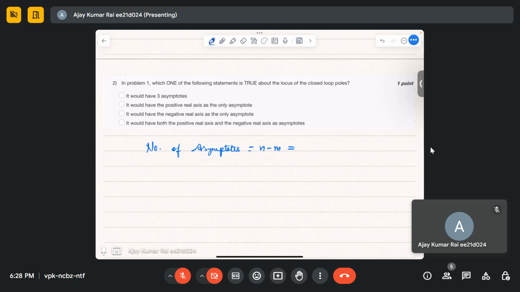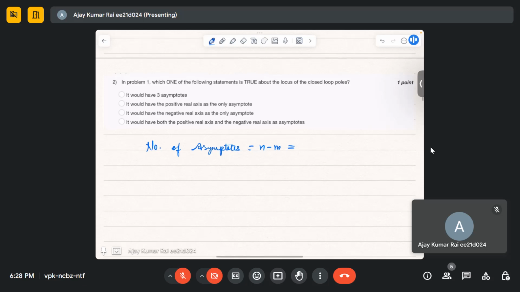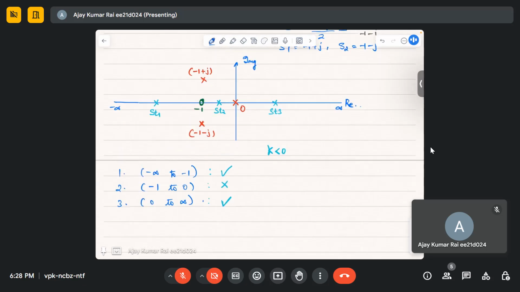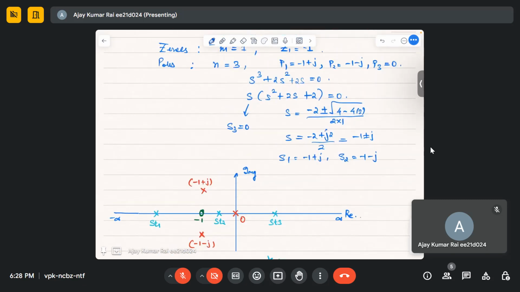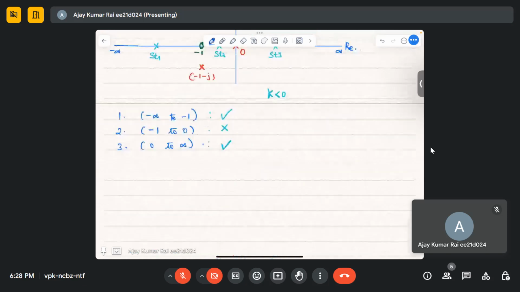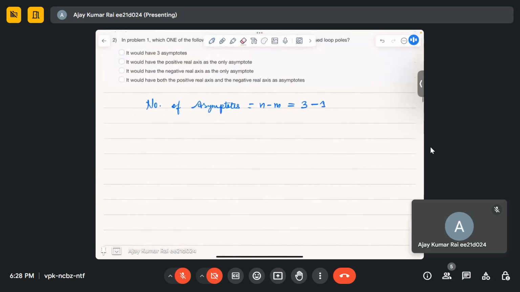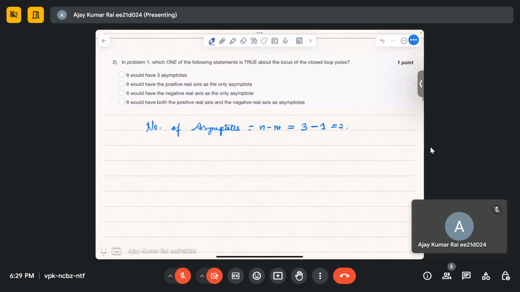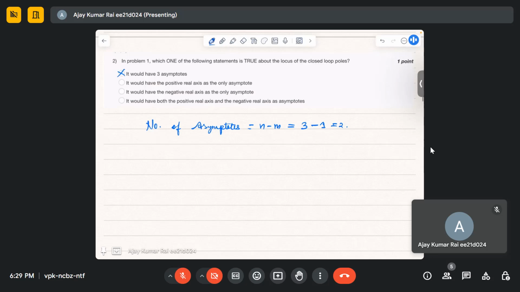The total number of open loop poles was 3, and we had 1 zero at minus 1. So we have 3 poles and 1 zero, that's why 3 minus 1 is 2. So we'll be having 2 asymptotes. The first option is straightforwardly wrong.